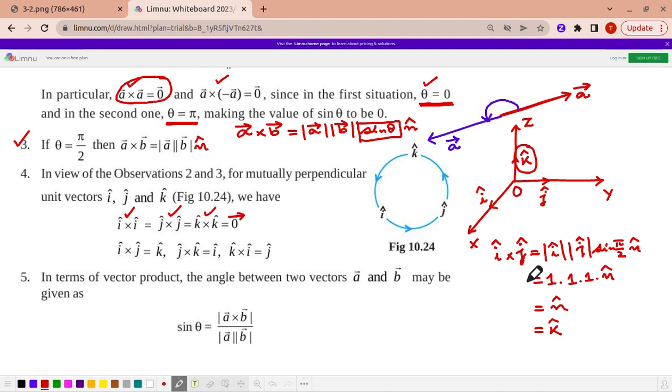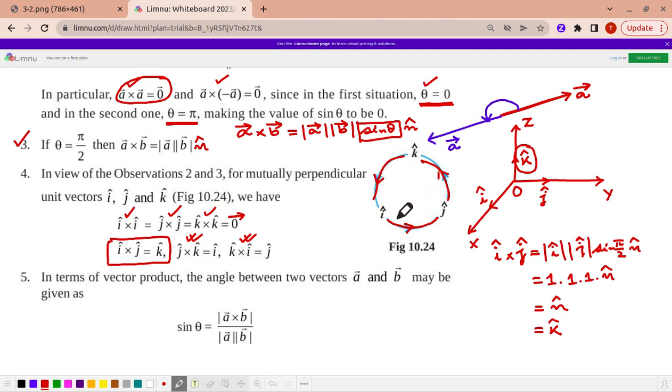So i cap cross j cap is equal to k cap. Similarly, we will get j cap cross k cap equal to i cap based on the same logic, and k cap cross i cap equal to j cap. Now, if you see the circular diagram here, if you just remember one, you can remember the other two. This is i cap, then from i to j there is an arrow, then j to k there is an arrow, and then from k to i there is an arrow.